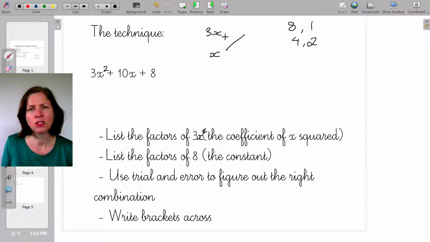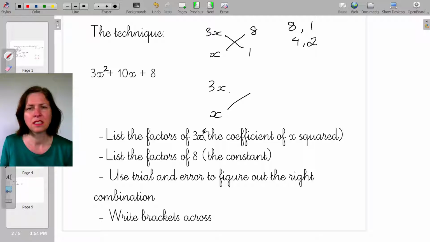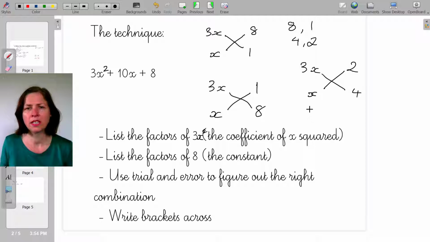I put a sort of cross method here, and then I put 8 and 1 here, and then 3x and x, and I swap these around, 1 and 8. Try again with the 4 and 2, 3x and x, I'm going to go the 2 and the 4, and the 3x and x, I'm going to go the 4 and the 2.